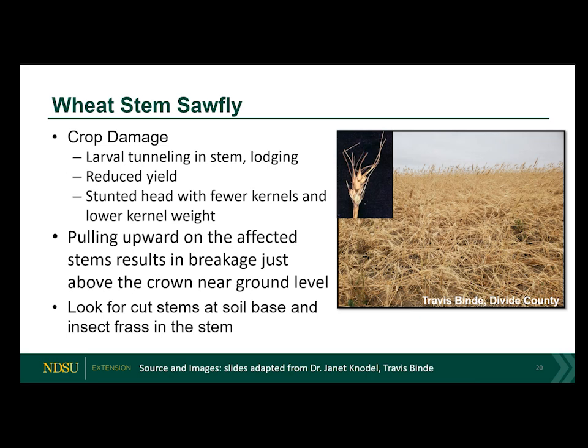When we go out in the field, we pull on the affected stem and it breaks. Then we look at the stems at the base. Are they breaking just at the top or further down? If so, take your knife, run it down the stem, and see if we see any frass a little bit lower.